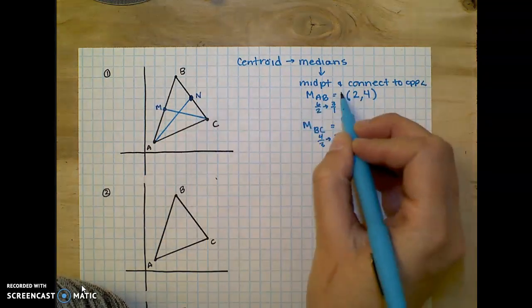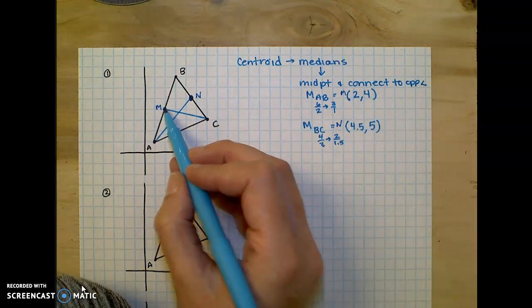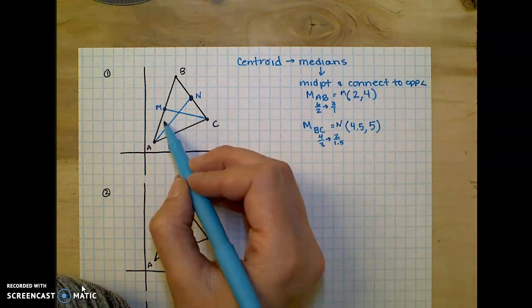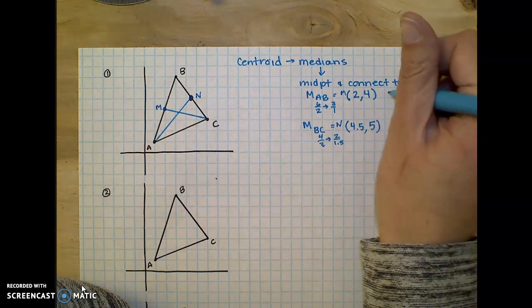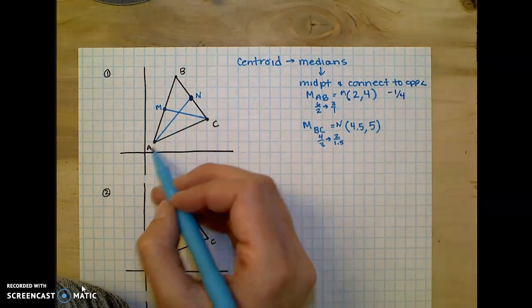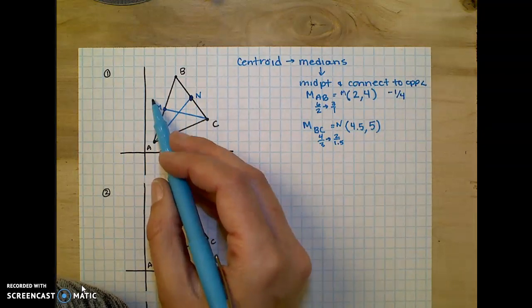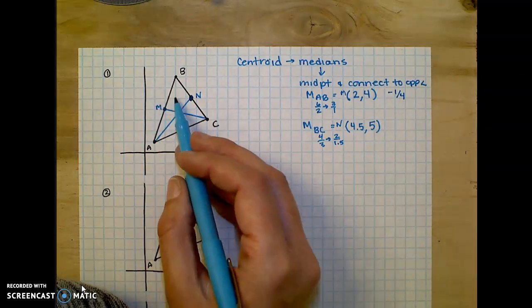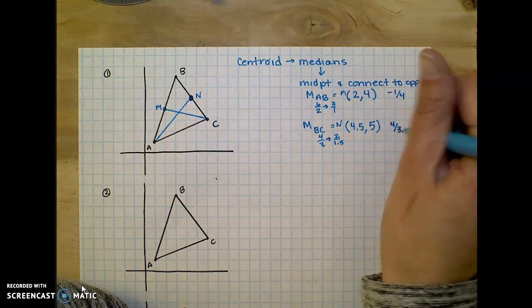Let's call this one M and that one N. The slope from M to C is down 1 over 4. The slope of AN is up 4 over 3.5, which is so gross.